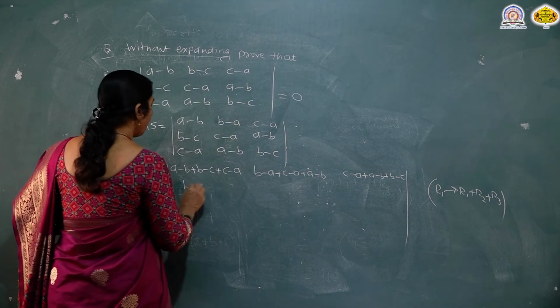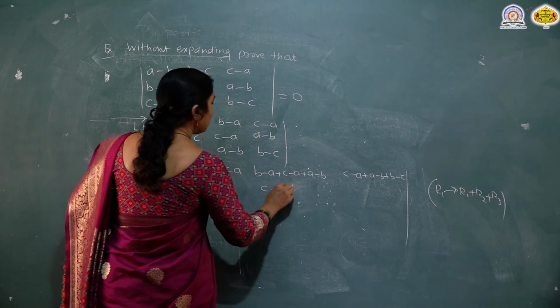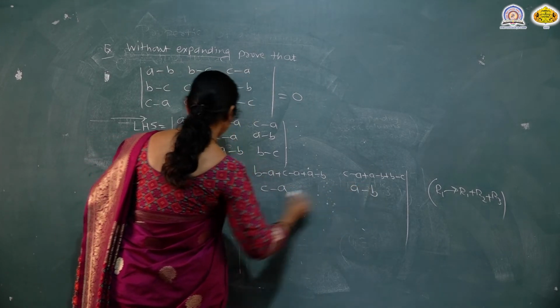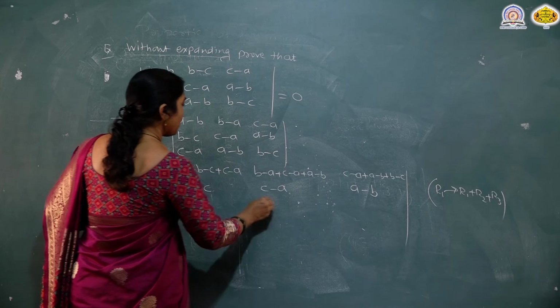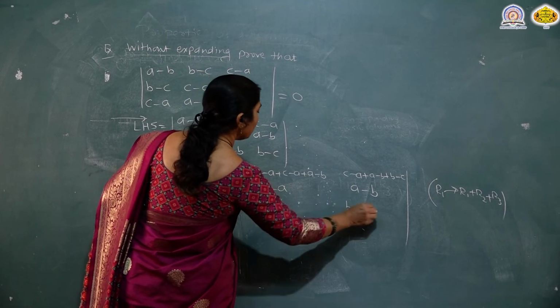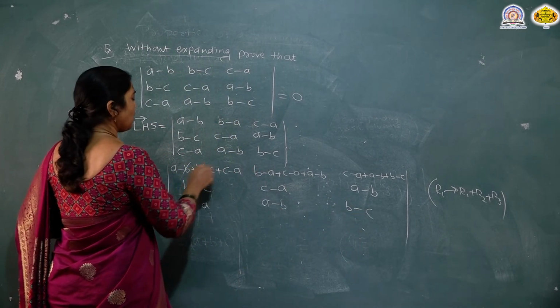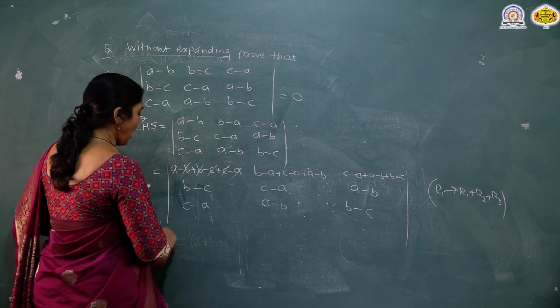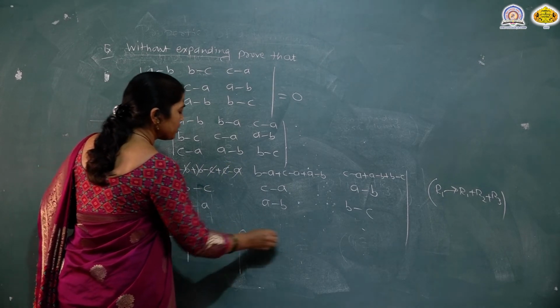The other rows remain as they are. Observe that all these cancel and we get the first row to be 0.